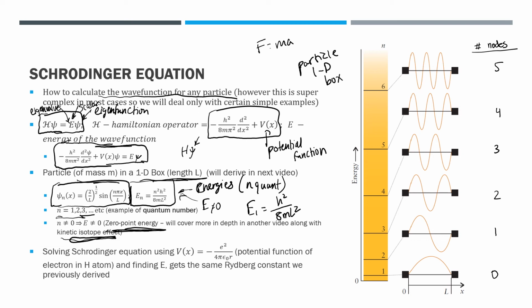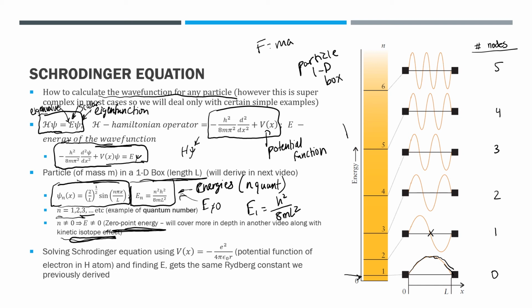So now I want to look at the particle in a box diagram that we have to the right. We can see that our lowest energy, our n equals 1 state, has 0 nodes. We only have the 2 endpoints being 0, so we have 0 nodes in the middle. When we see n equals 2, there's 1 node now, one time where our psi is crossing 0.